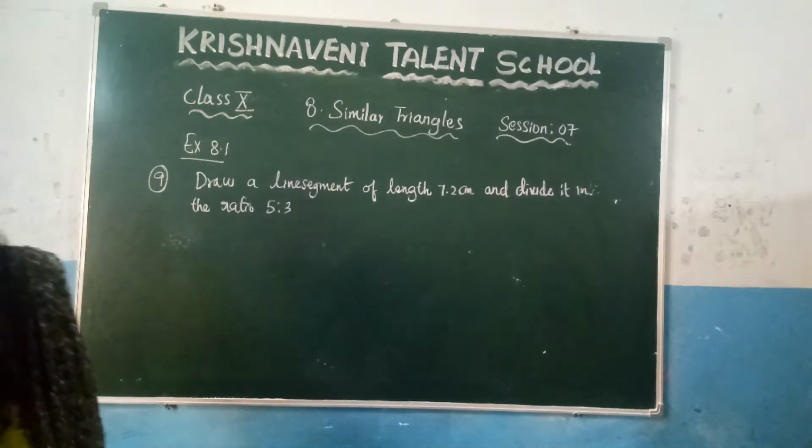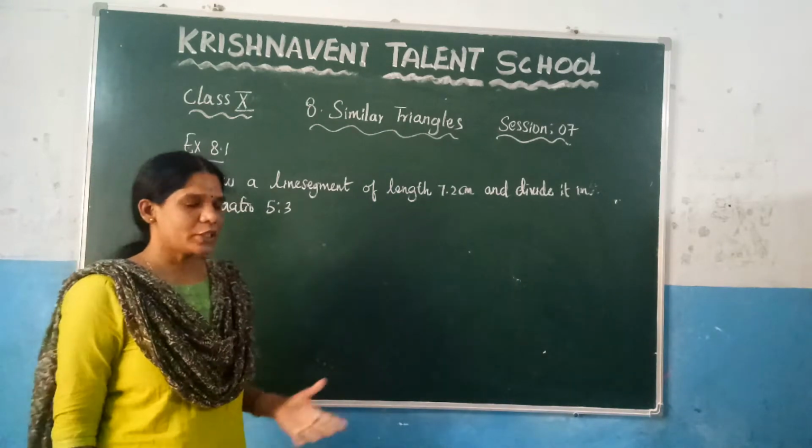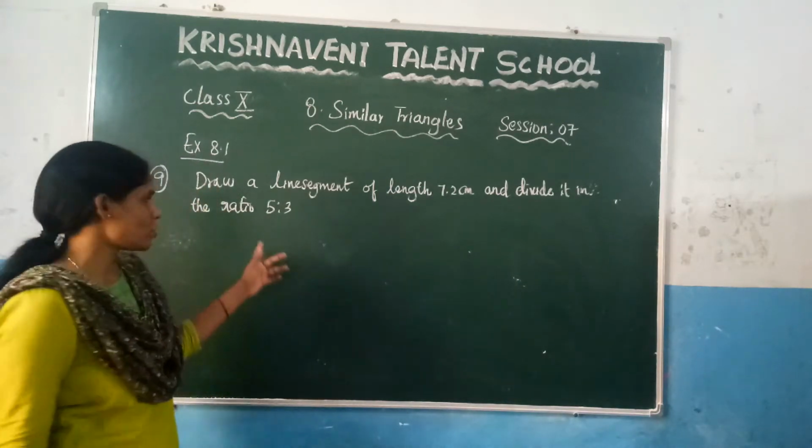Here you need to draw a line segment of length 7.2 and you have to divide that line segment into the ratio of 5:3.